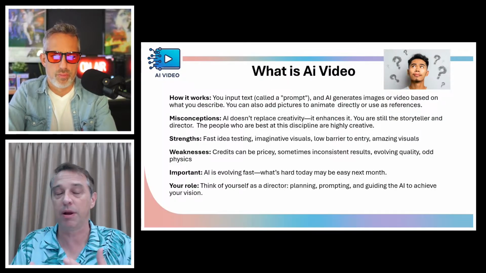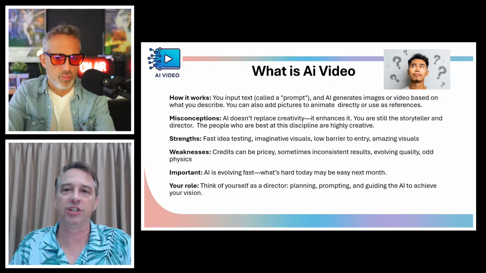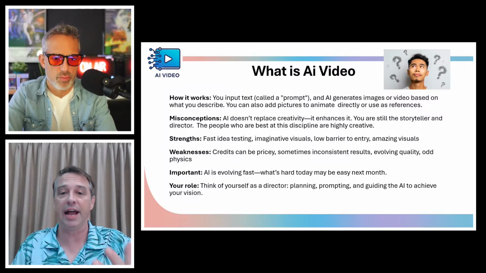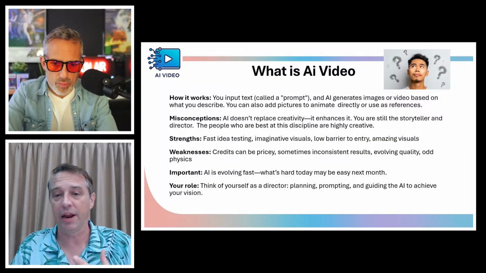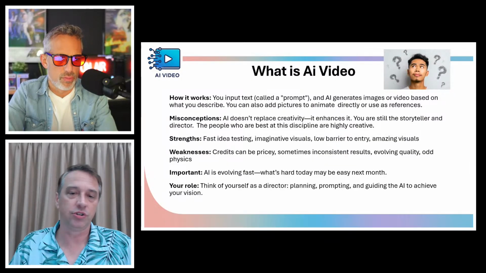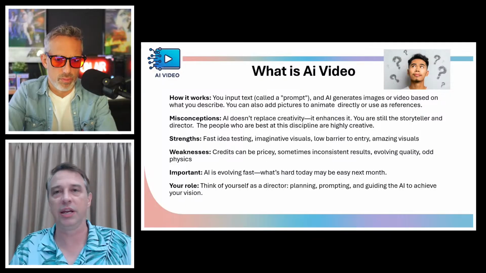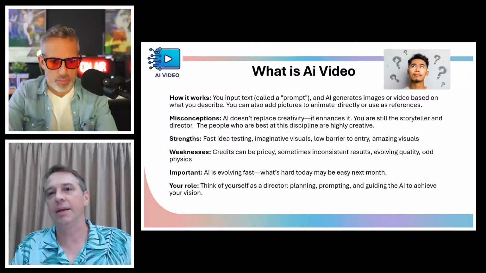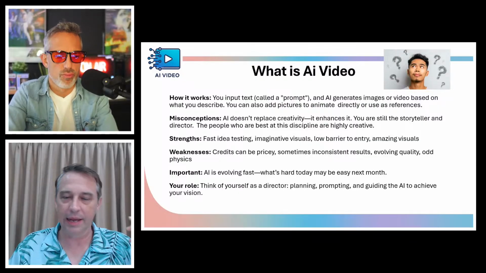Now, everybody's probably familiar at this point with ChatGPT. I think everybody's probably used some type of AI software here or there. And video and image is no different. So you have a prompt, and you can even type something as basic as make a blue car on a road, and it will do that.